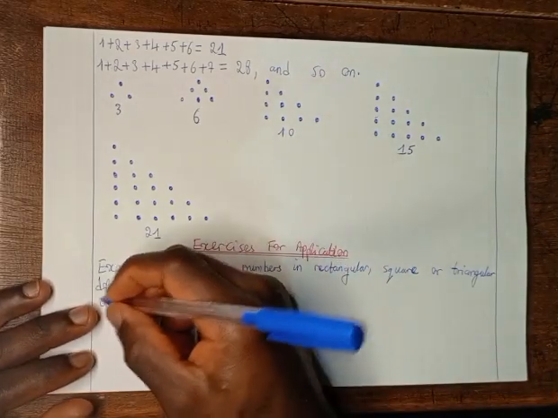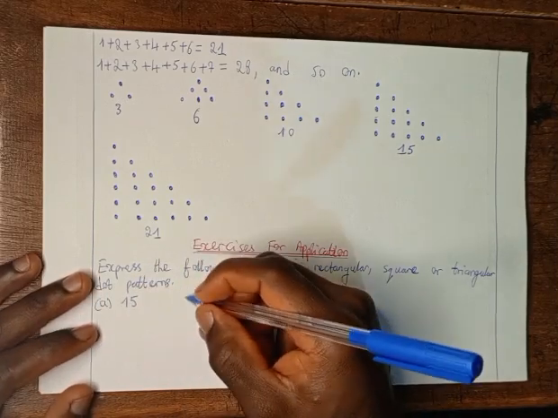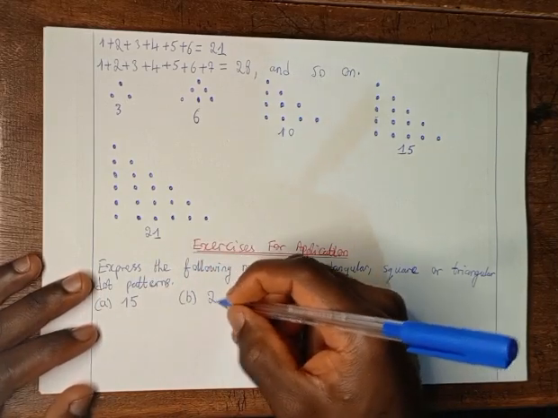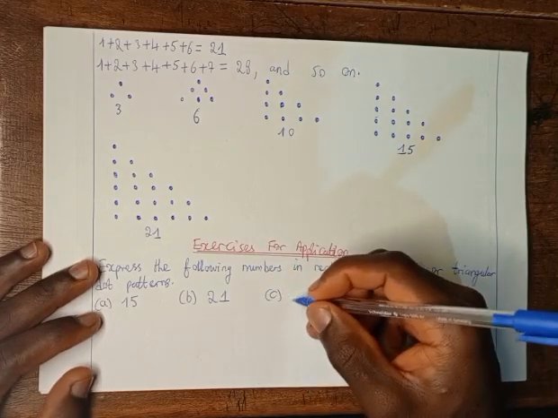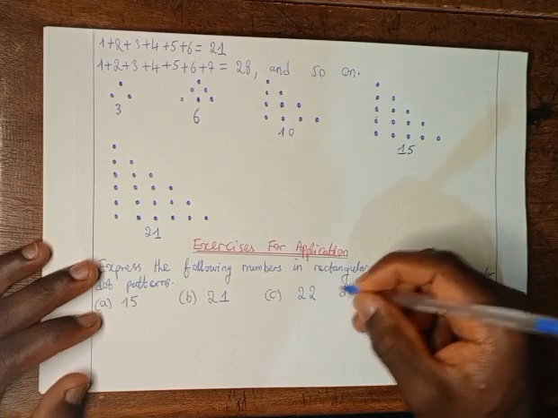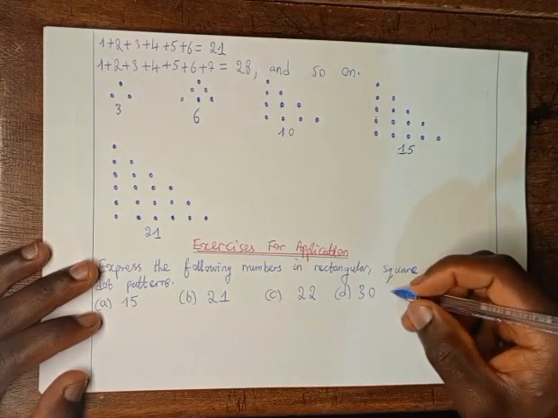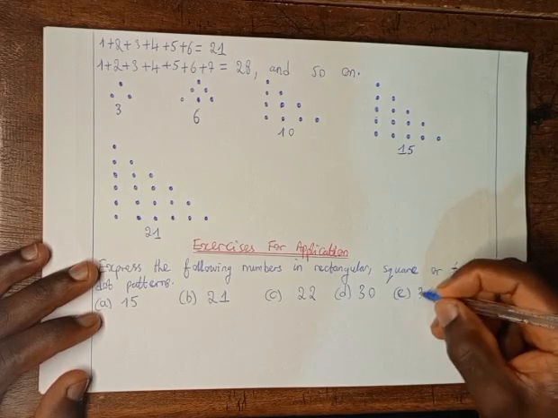For A, we have the number 15. B, we have the number 21. C, we have the number 22. D, we have the number 30. And lastly, E, we have the number 36.